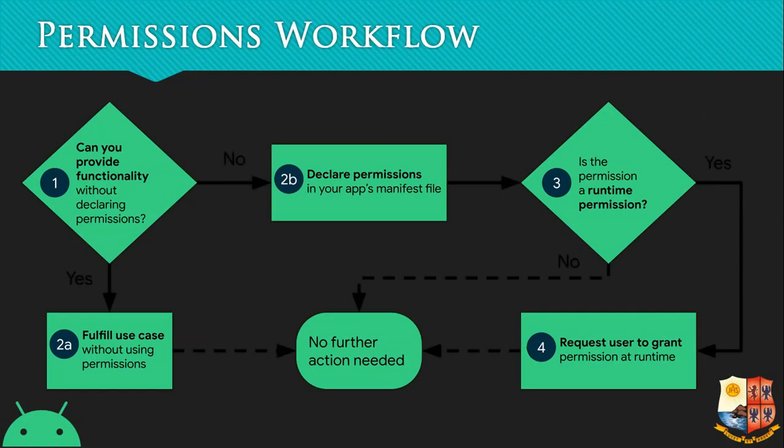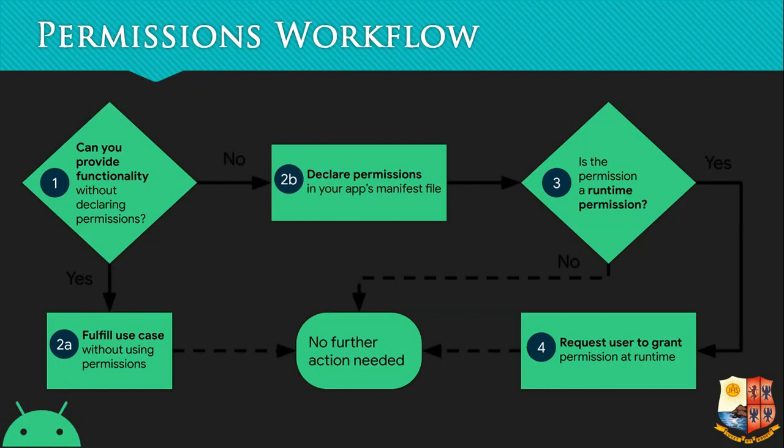Which means whatever app we have done so far, like the service app and the Fibonacci app, all these apps do not require any permission from the user because we are not changing anything in their phone, neither are we taking anything from their phone. If you run my app, I'll be able to show you some data. That's it. Which means my app can provide my functionality without asking for permissions.